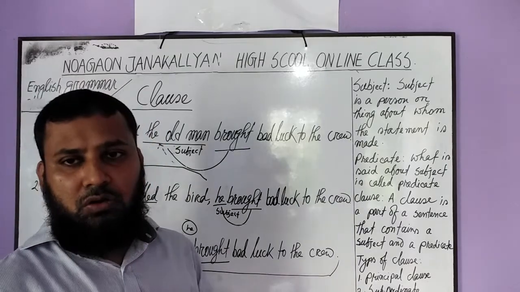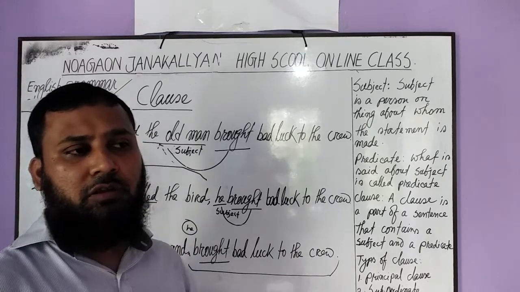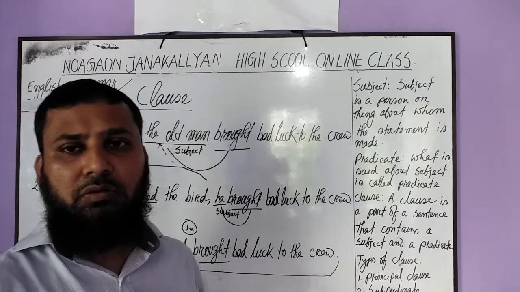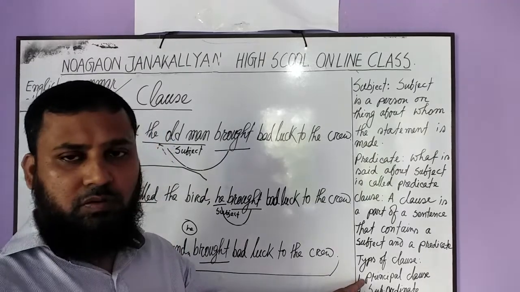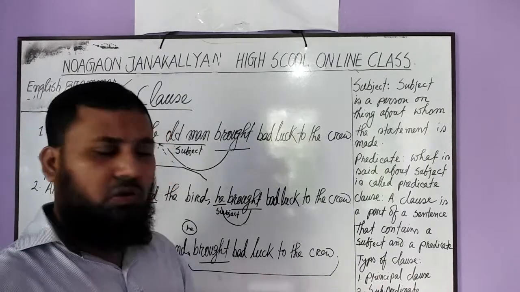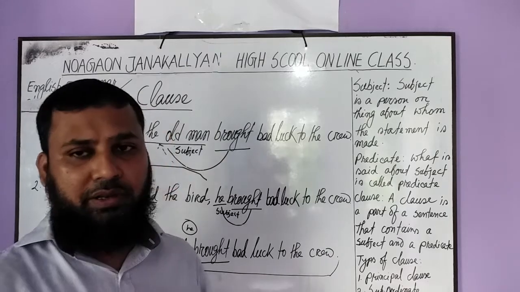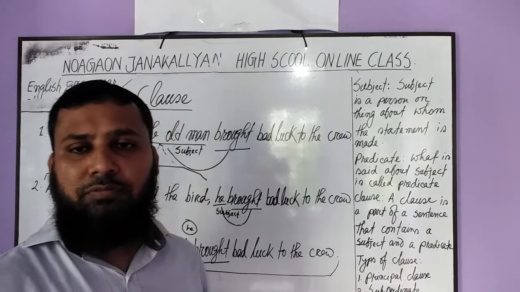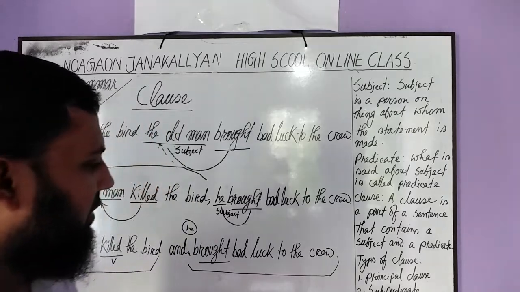A clause that can express its meaning without the help of another clause is called a principal clause. A subordinate clause is a clause that cannot express its full meaning without the help of another clause.